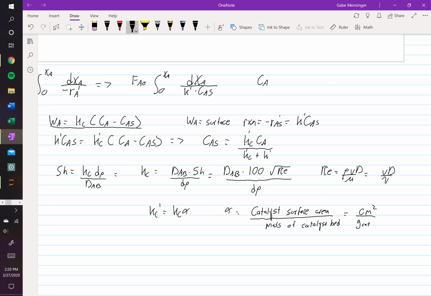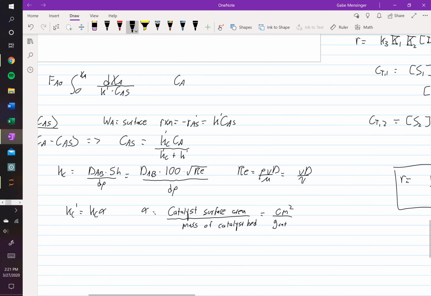Is that d the same as the particle diameter from the Reynolds number? Let me check. Let me look at my solutions. It is. For this problem, it is.